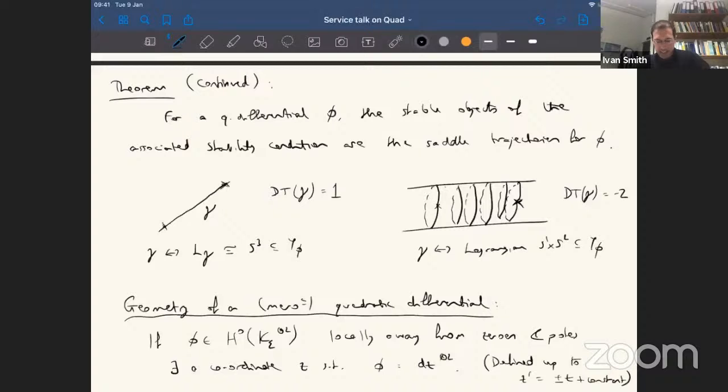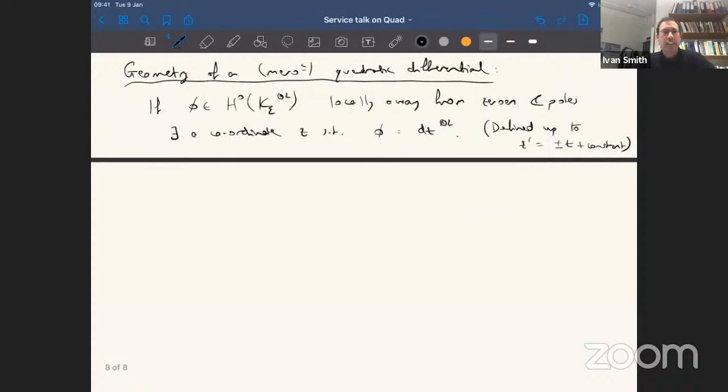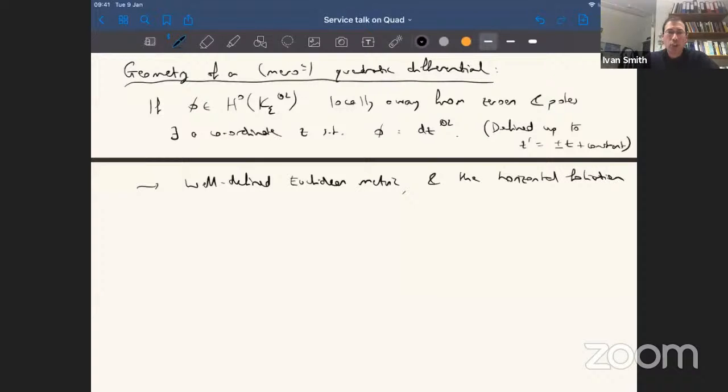So this means that the Euclidean metric in the z coordinate plane is well defined. And we also get a horizontal foliation that just looks like lines parallel to the real axis with respect to this local coordinate.